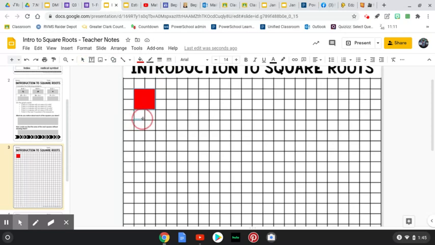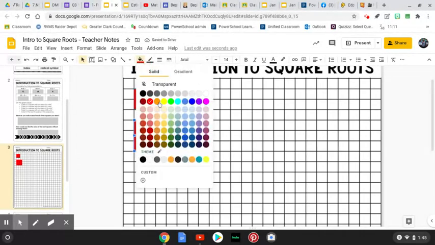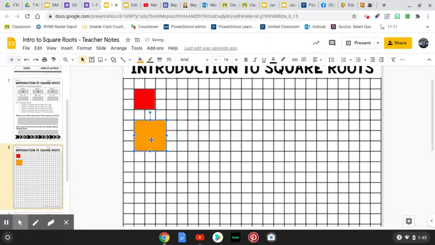So that means a 3 unit by 3 unit. So that will cover 9 squares. 9 units. I'm going to change the color. Okay. So this is 4 units from 2 times 2. This is 9 units from 3 times 3 because it's the area.